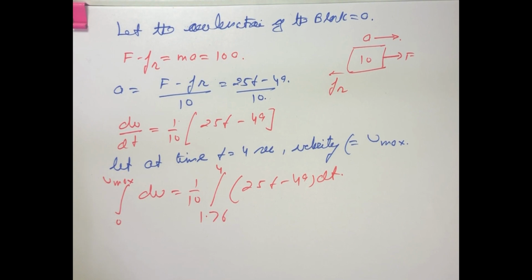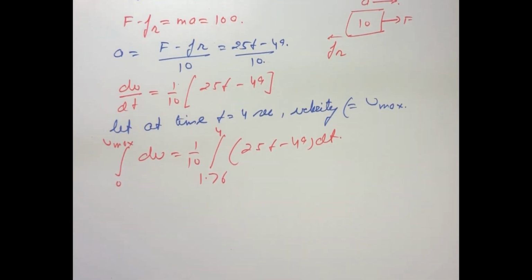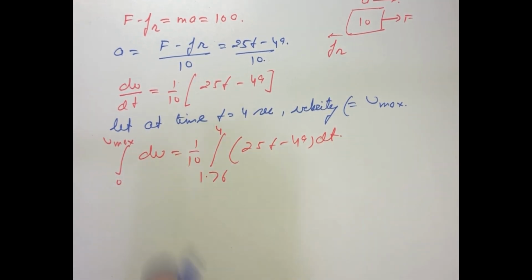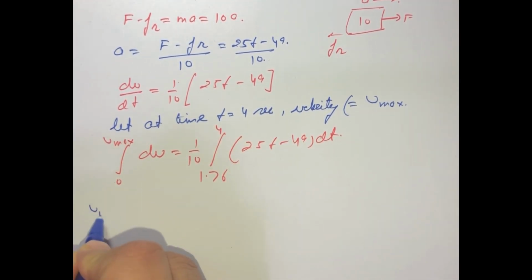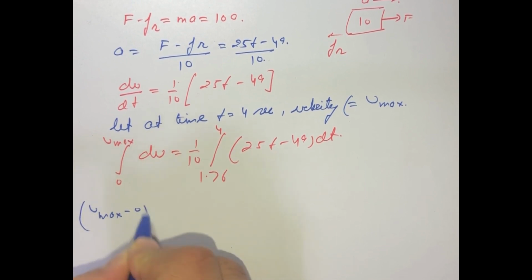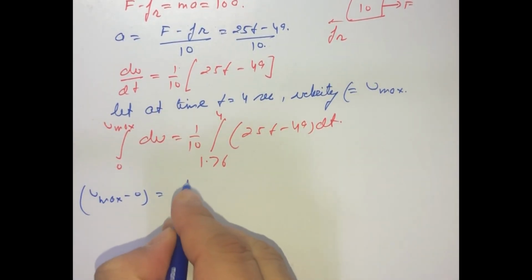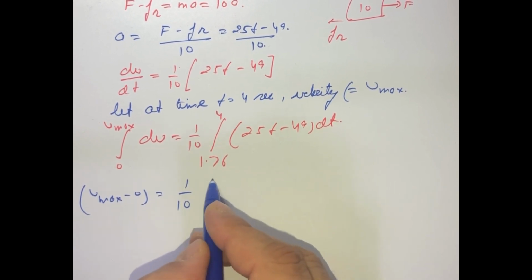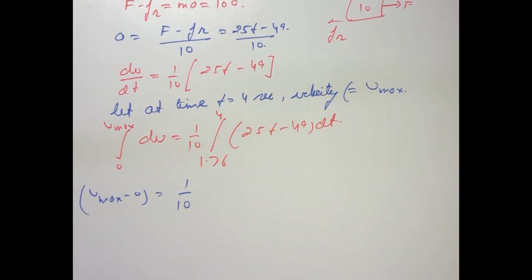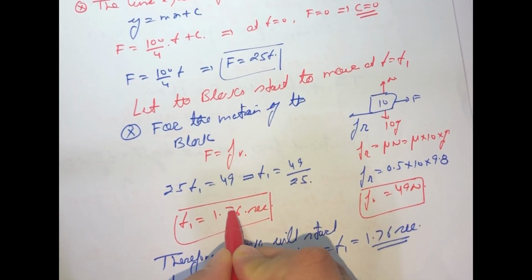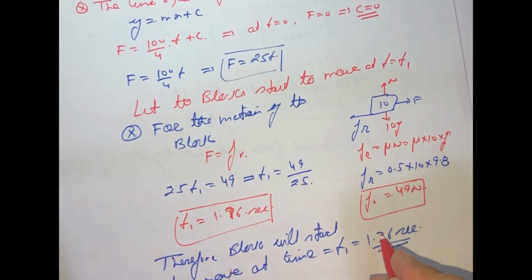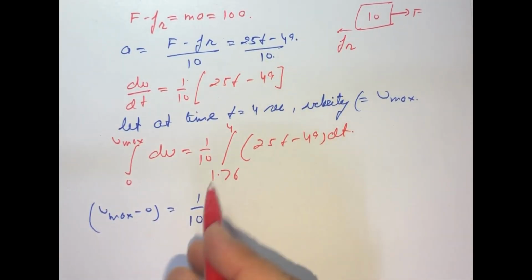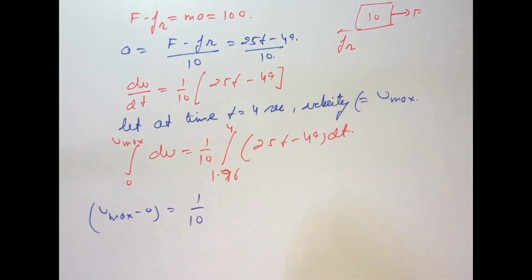So this will come as Vmax minus 0 equals 1/10 times the integral, and the lower limit is 1.96, my mistake, so this is also 1.96.